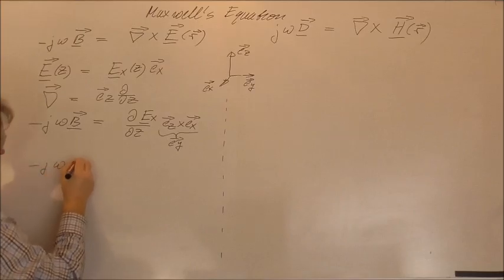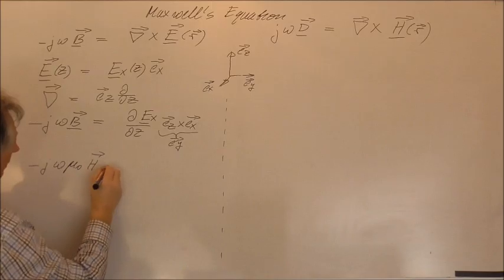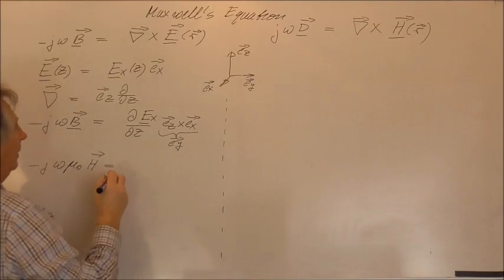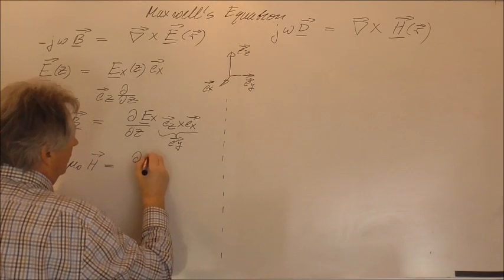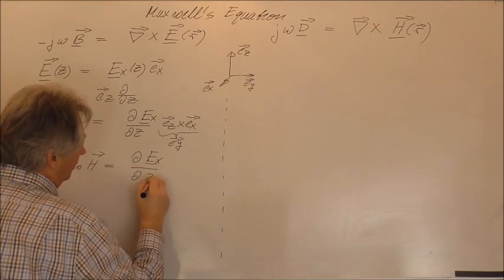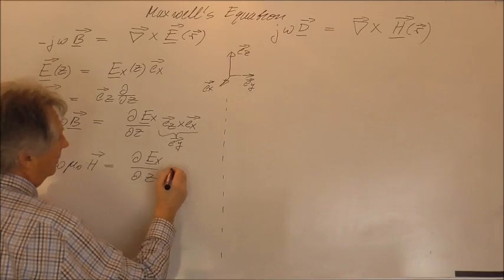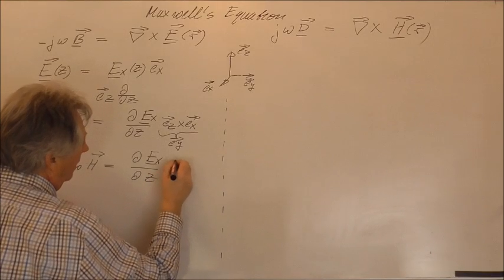We can also say we have minus j omega mu naught times the magnetic field equal to the derivative of Ex with respect to the z coordinate times Ey.